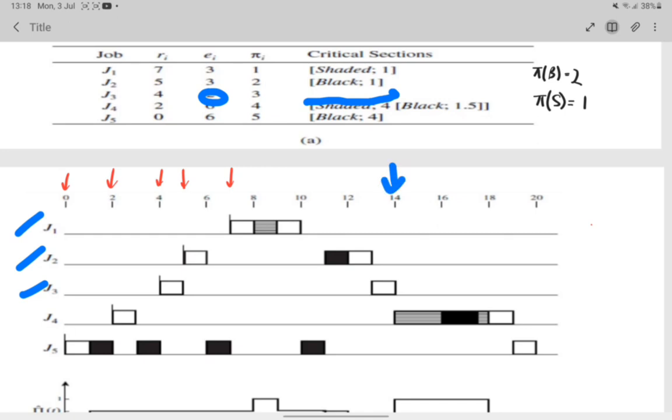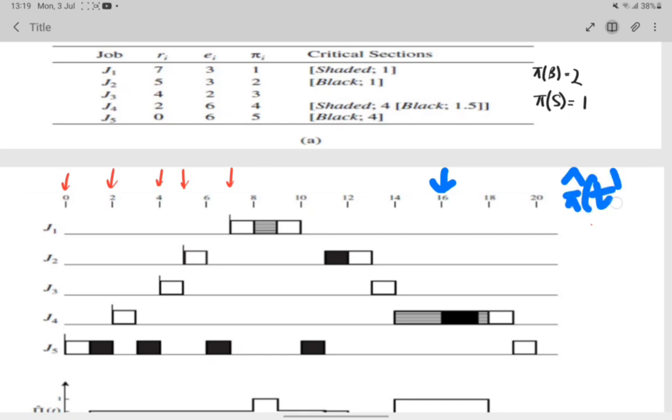you can see job 4 requests the resource shaded, so job 4 will start accessing the resource for these 2 intervals. But then here you can see at time 16 the resource black is requested by job 4, and the current system ceiling is equal to 1.